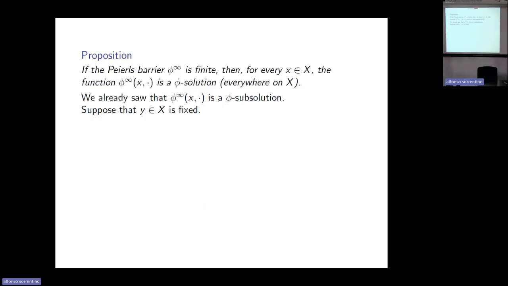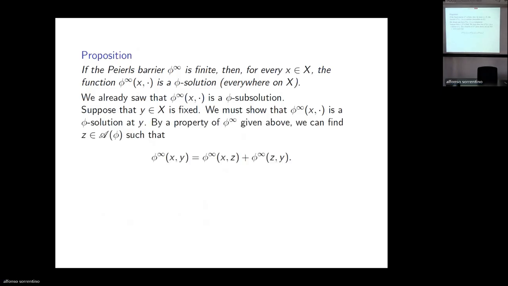So we know it's a phi subsolution. Okay, we must show that phi infinity x dot is a phi solution at y, for every y in x. So by the property of phi infinity that we gave, we must transit by the Aubry set to get phi infinity of xy. There is a z in the Aubry set such that phi infinity of xy is phi infinity of xz plus phi infinity of zy.